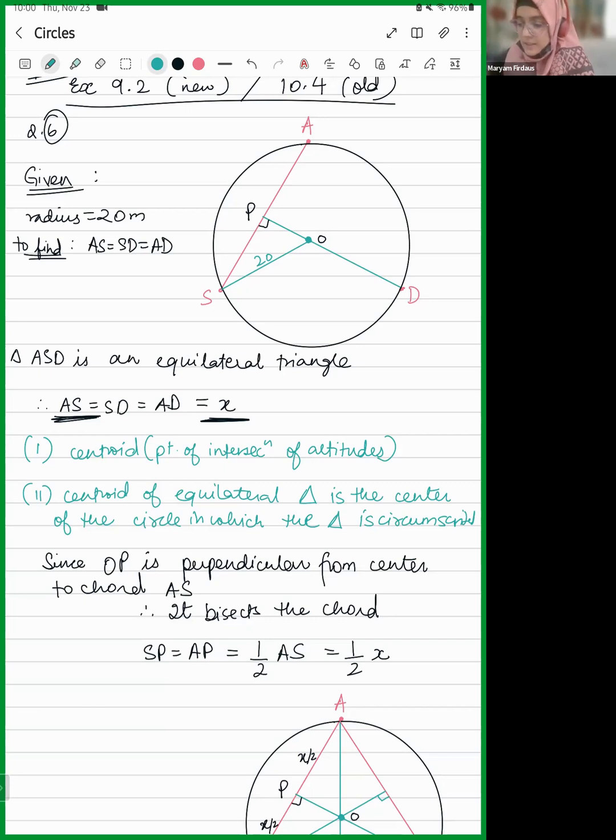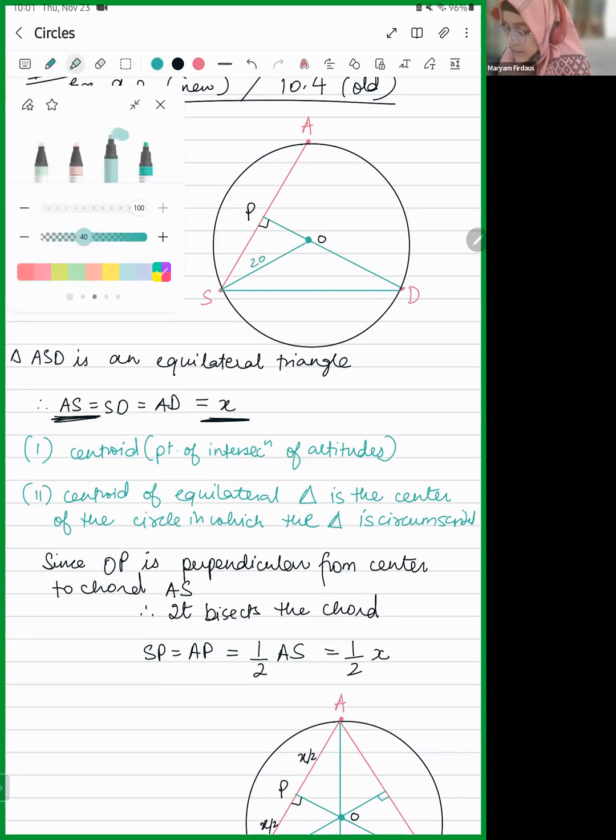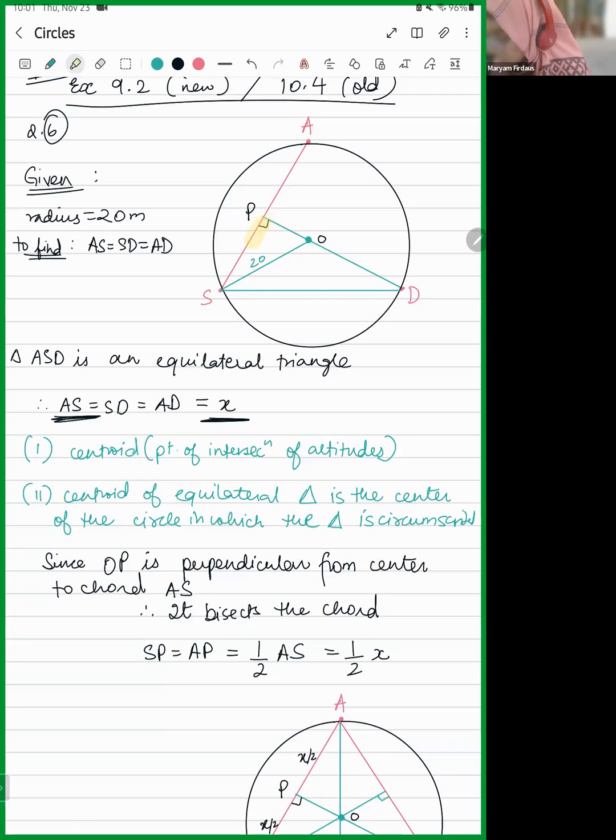So let's take this triangle. Instead of taking this, let's take this right angled triangle. Okay, fine. So take a look at this right angled triangle.